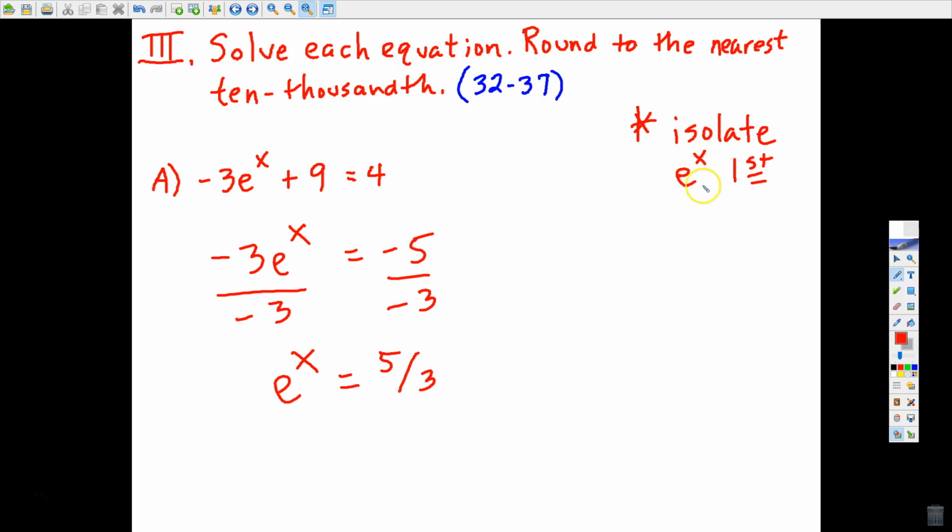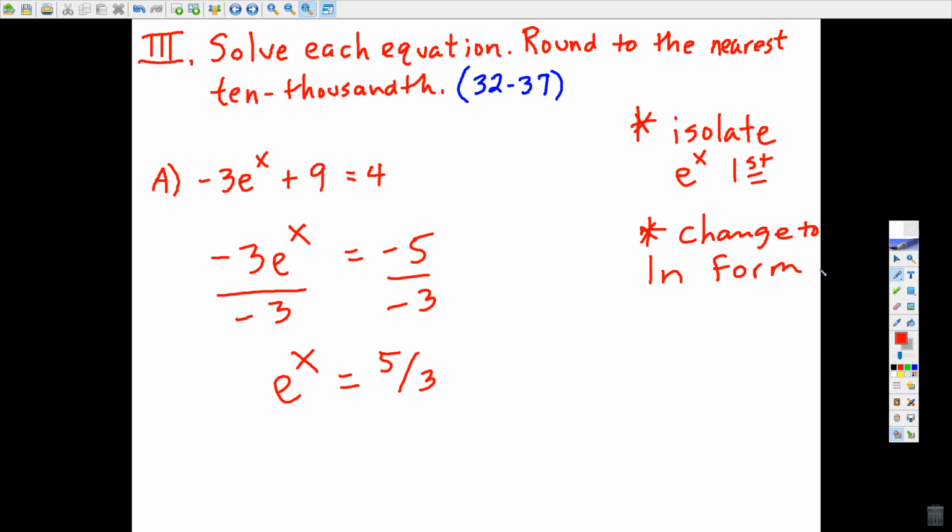When we get e to the power isolated, then we're ready to change it over, just like we did before. We always change exponential equations into log form, and in this case it's going to be natural log form. Change to natural log form.